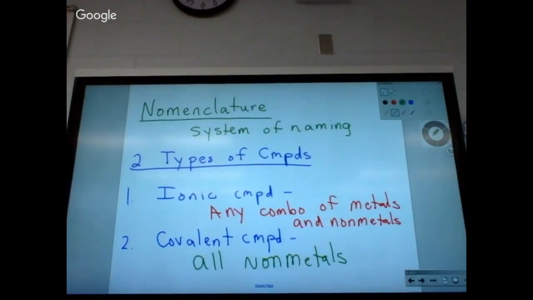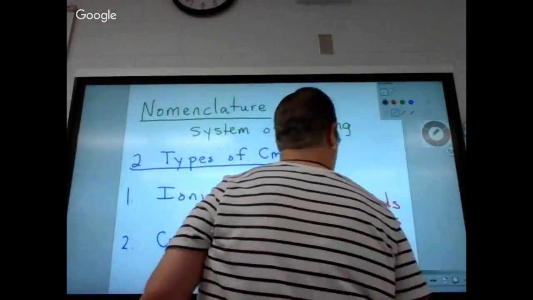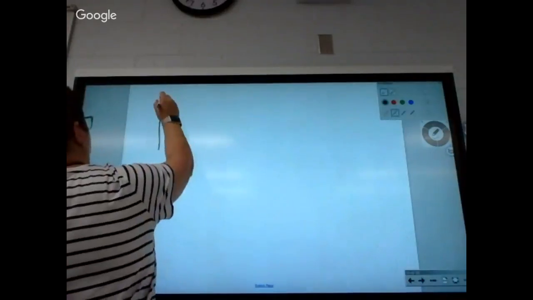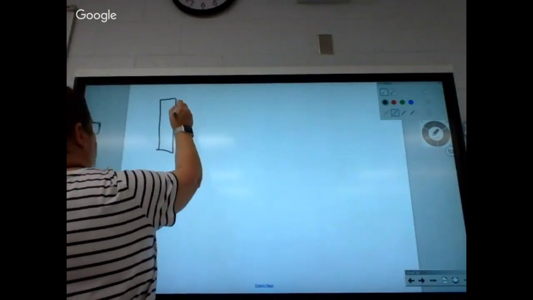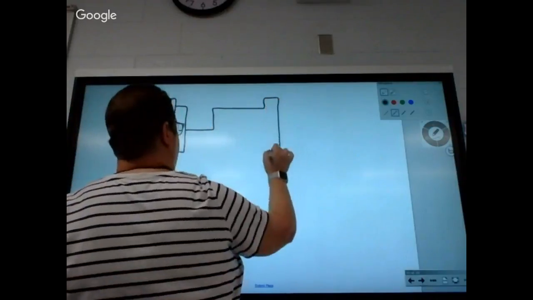Now, somewhere in your 8th grade curriculum, even if it's recessed in your mental files, even though y'all say you've forgotten, you really haven't. It's there. We do a rough sketch of the periodic table.